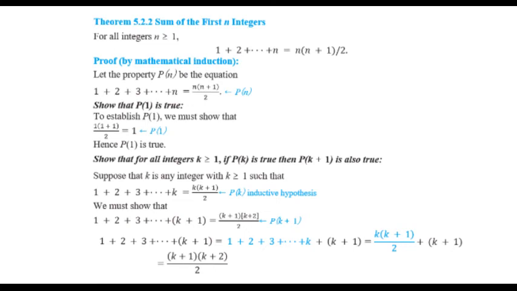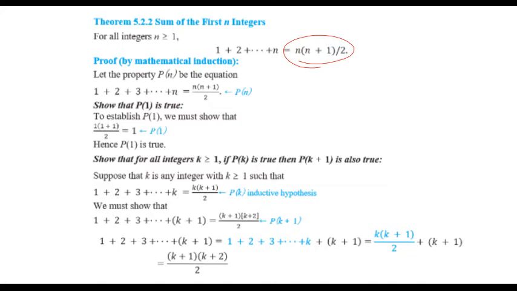The next thing that we need to prove is theorem 5.2.2, which basically says the sum of the first n integers is equal to n times n plus 1 divided by 2 for all integers n greater than or equal to 1.